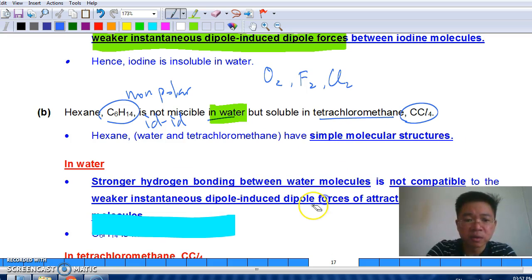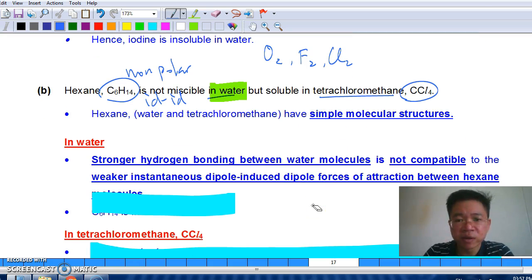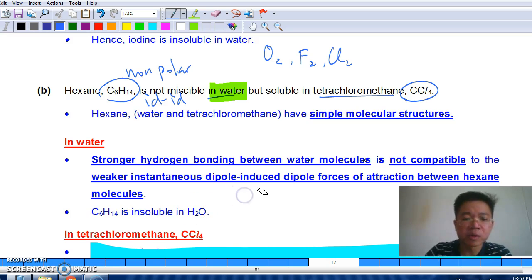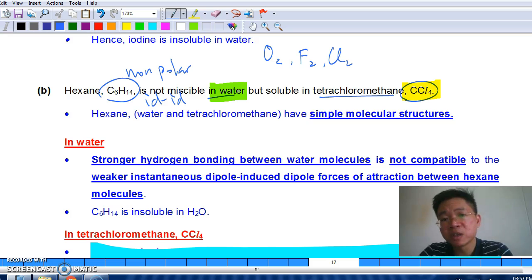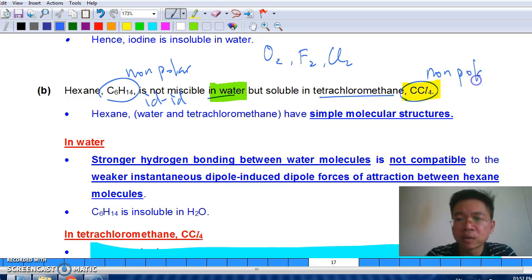Okay? So that part we have taken care of. So it's not able to dissolve in water. But how about the organic solvent CCl4? It's soluble. Why? What is the predominant type of forces between the molecules in CCl4? We know that CCl4 is non-polar. It's a non-polar organic solvent, which has ID-ID, right?